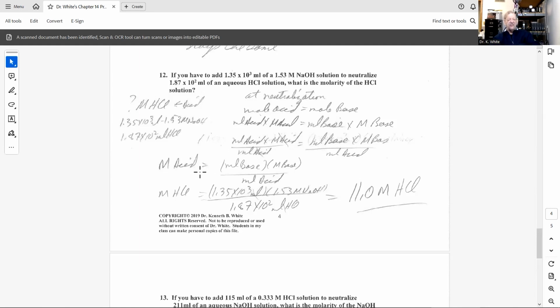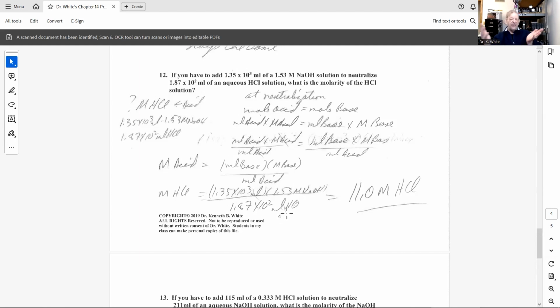Molarity of acid in this problem equals milliliters of base times molarity of base divided by milliliters of acid. Well, the milliliters of base is 1.35 times 10 to the third milliliters of the NaOH solution. The molarity is 1.53 molar. The milliliters of HCl is 1.87 times 10 squared.